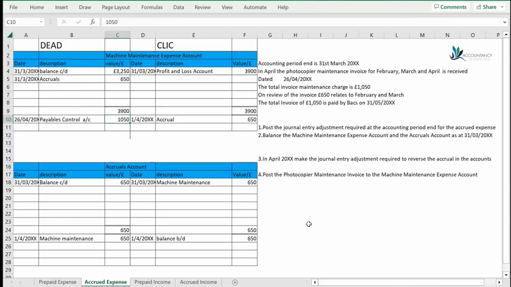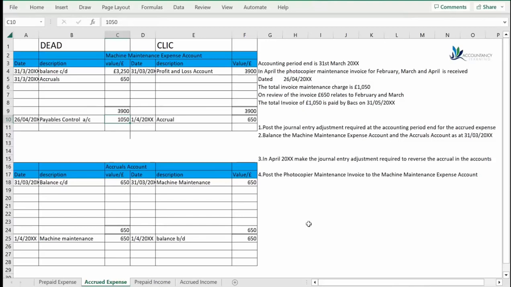Now let's take a step back here and see what's happening. We have an invoice charge into the machine maintenance expense account in April of £1,050. But we know that £650 of that related to the previous period.